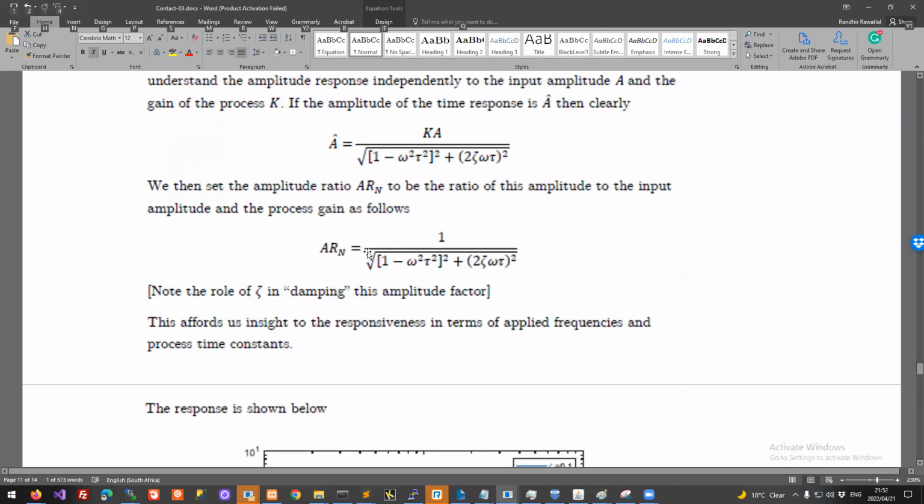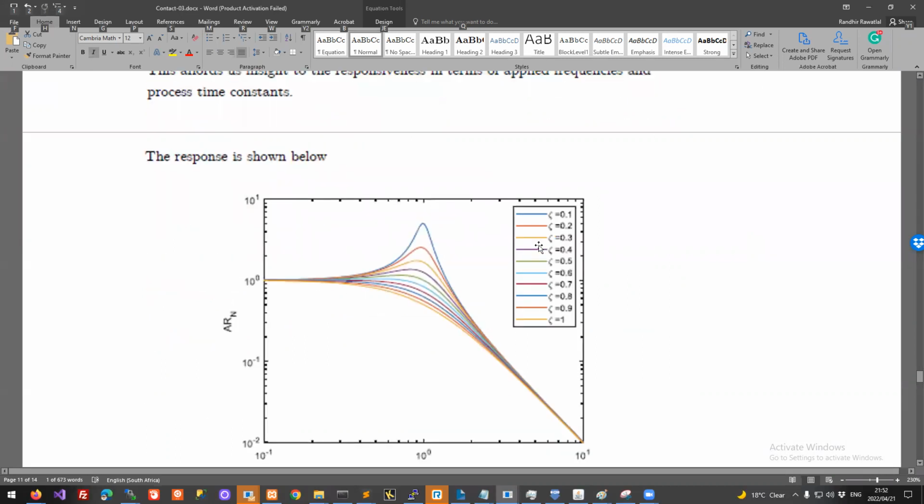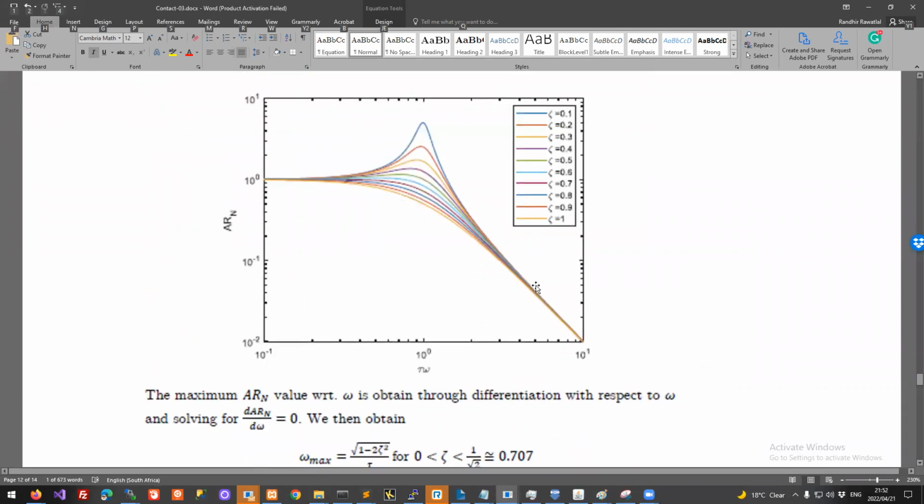So you can analyze it fully using the amplitude ratio. What we've got here are for different zeta values. If you play around with all those constants enough, then you can generate different values for tau omega, and then you can find where the amplitude ratio goes to the maximum value.